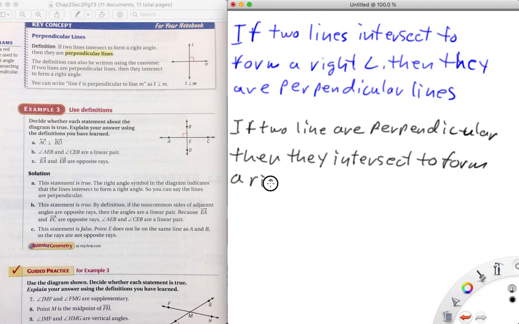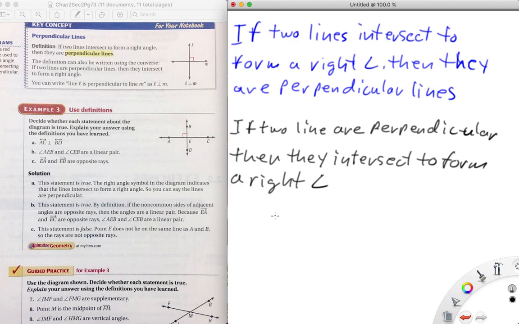Okay. So those are the two ones. So this is the hypothesis, and this is the converse, or the conditional, and this is the converse.